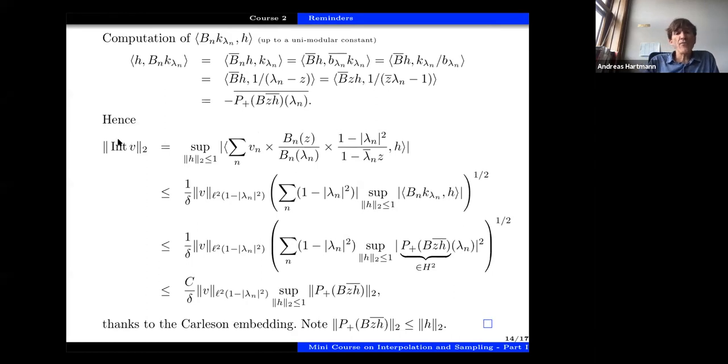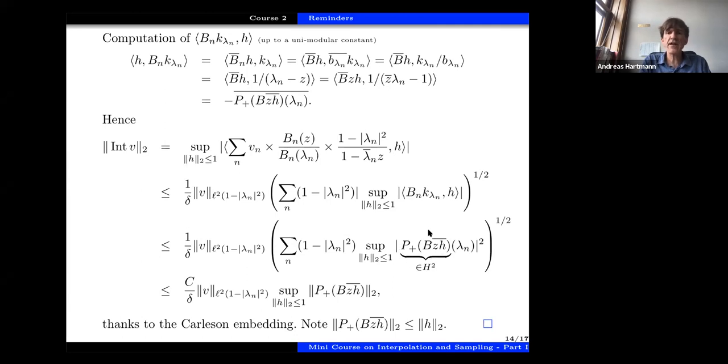Again, I recall we were computing the norm of the interpolation operator by duality. Then by Cauchy-Schwarz, we had this estimate. Now, according to what we just computed upstairs, I can replace this expression by this expression. And what is nice now is that this function doesn't depend on n.